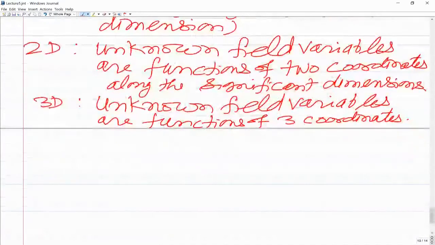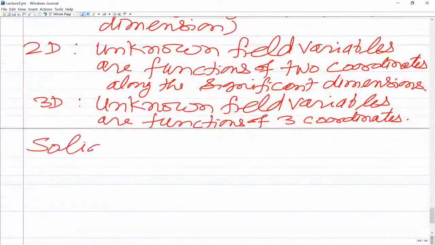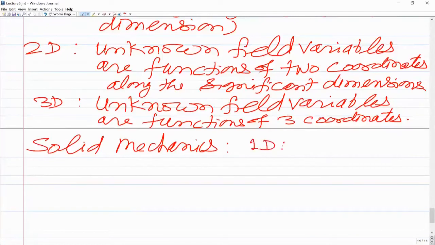Now in solid mechanics, particularly structural mechanics, that is where we are most of the time going to actually deal. Under 1D elements you have what are known as truss, beam, and frame elements.